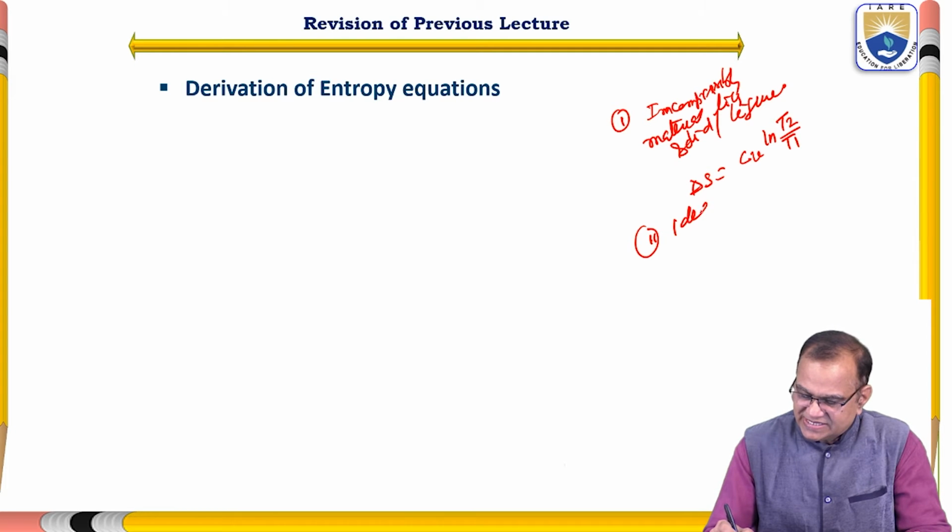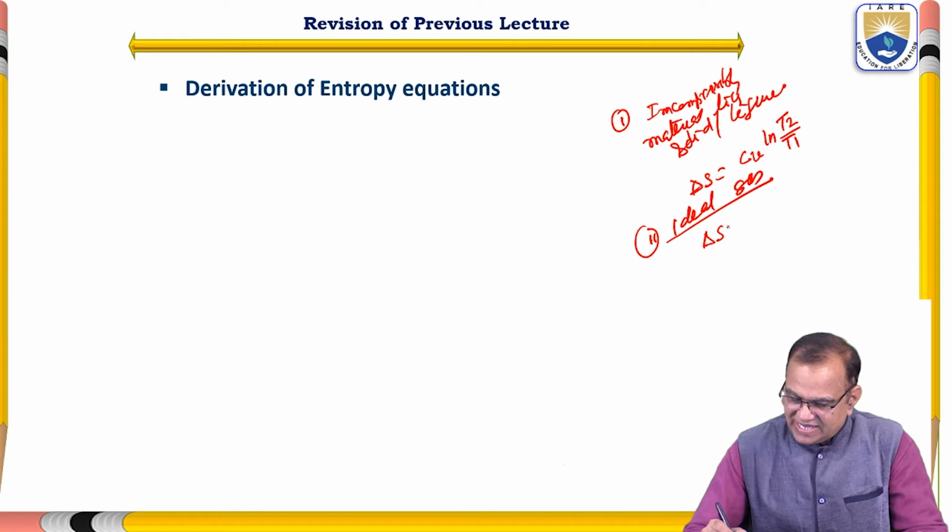Then for the ideal gas, we have seen that delta S is equal to Cv ln T2 by T1 plus R ln V2 by V1.